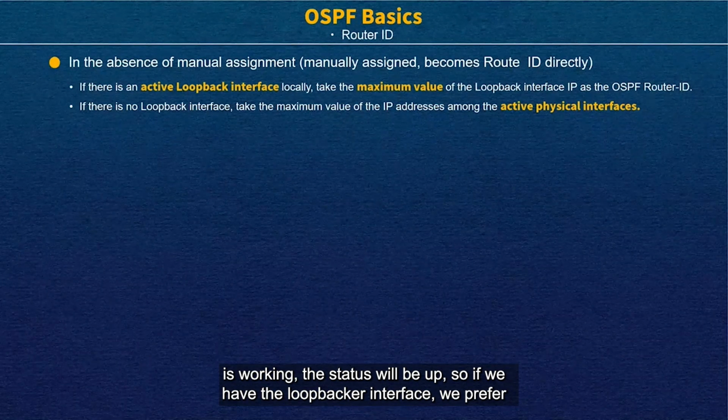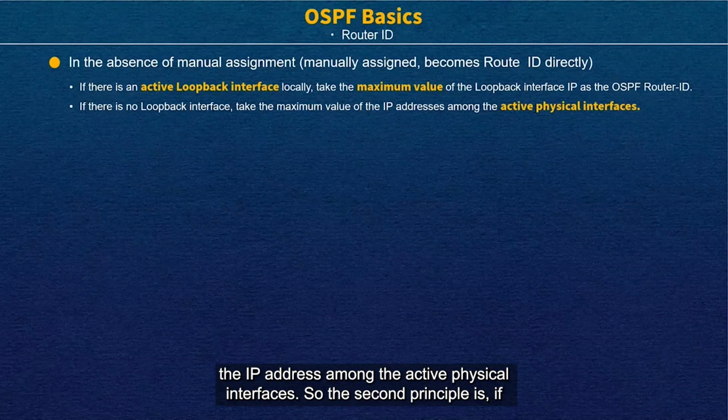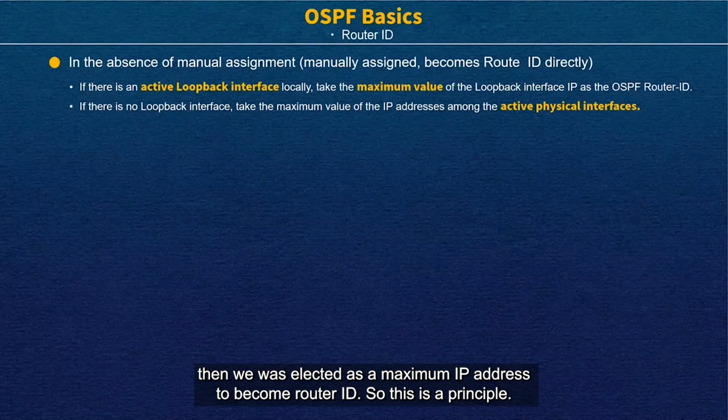So if we have a loopback interface, we prefer to choose it. If there is no loopback interface, take the maximal IP address among the active physical interfaces. So the second principle is, if you have multiple physical interfaces, we take the active ones, that is, whose status is up. Then we select the maximal IP address to become the router ID. So this is the principle.